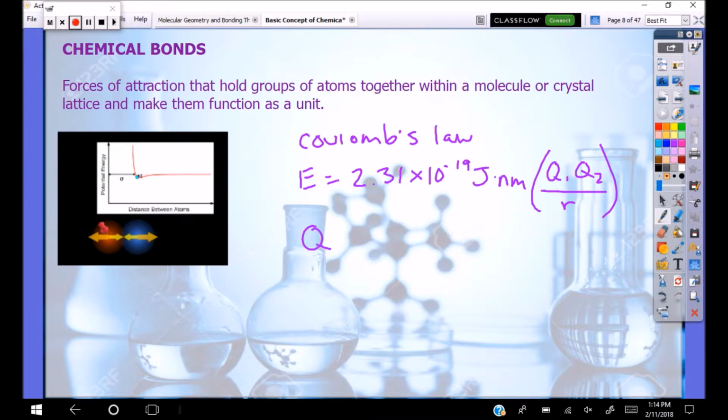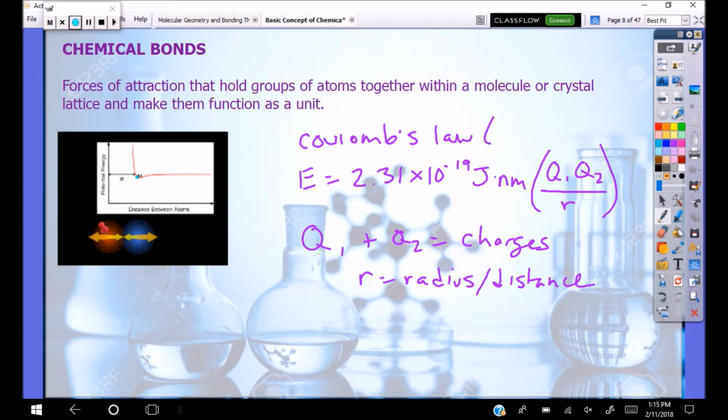Q1 and Q2 are the charges of your ions. So those are your charges. And R is the radius, the distance between the two ions. We primarily use this for determining the attractive force between ions. You don't see this particular law when it comes to covalent.